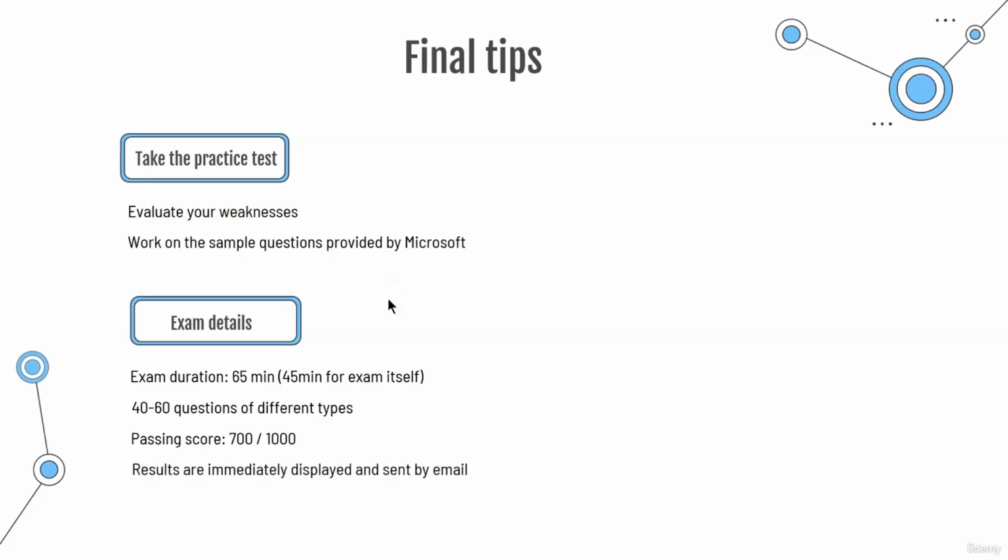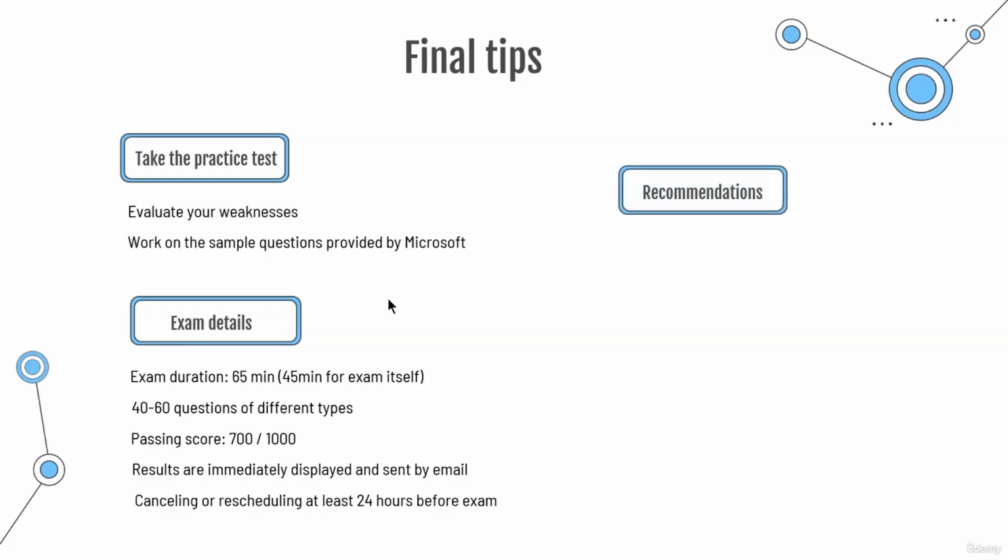The results will be displayed immediately after the exam, and you will also receive, of course, an email, and in this email you can then also claim your badge, which you can then also post on LinkedIn. We'll also, of course, quickly have a look at how this works. And also be aware that when you need to cancel or reschedule the exam, to do this 24 hours before the actual exam takes place.